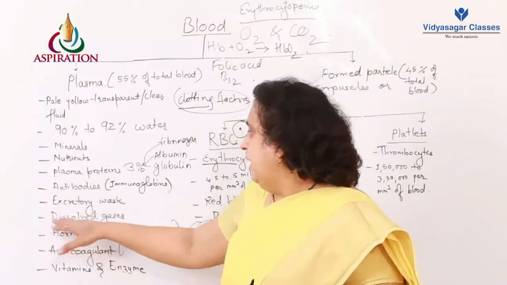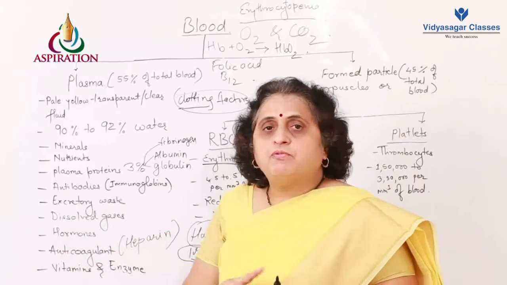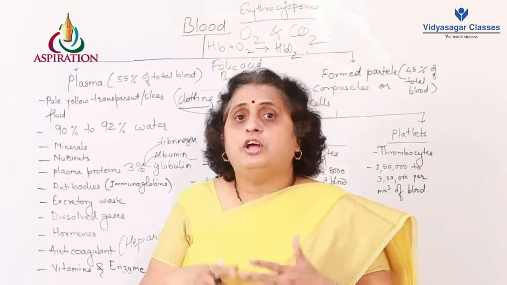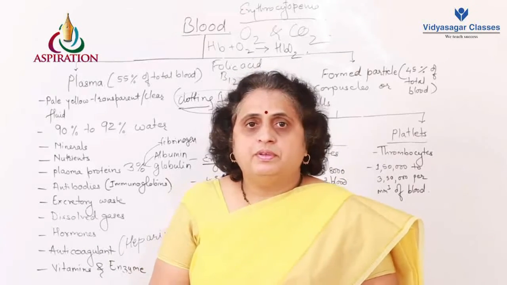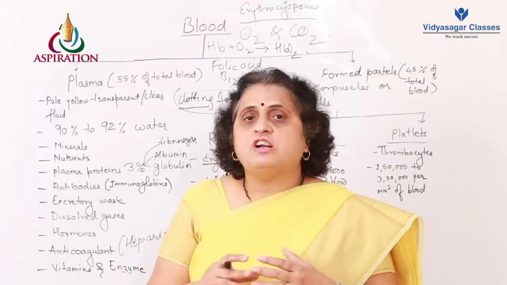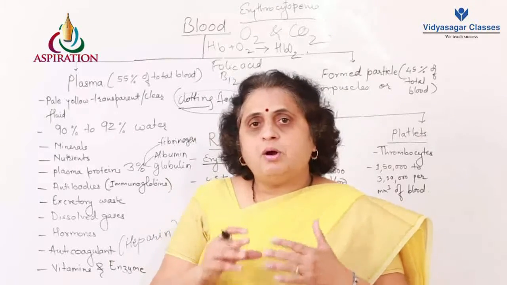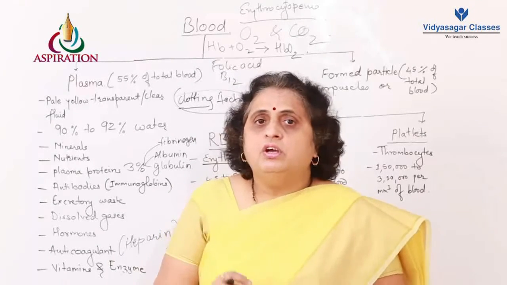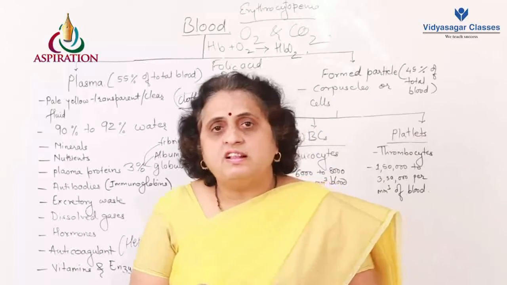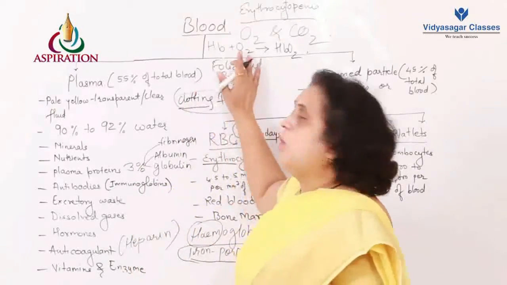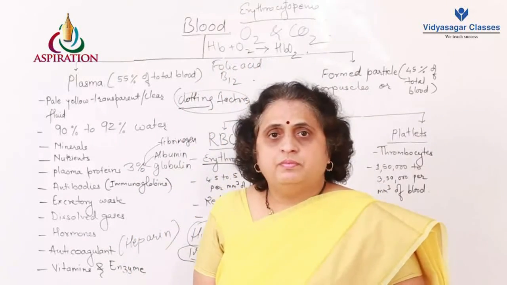I have told you that there will be dissolved gases, but of course oxygen is not dissolved in a very large quantity. Rather, the temperature and the pressure are not significant enough to dissolve oxygen. So the basic amount of oxygen that is transported to the cells or the tissue comes through oxyhemoglobin.